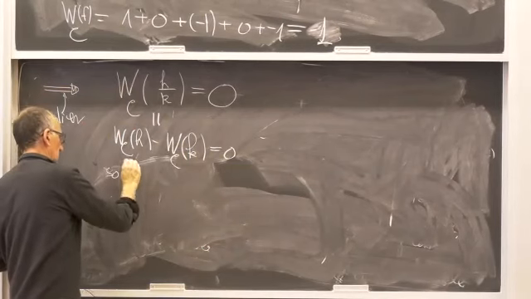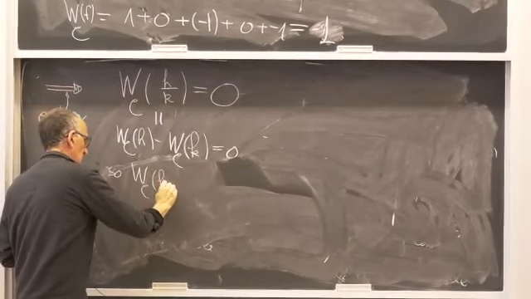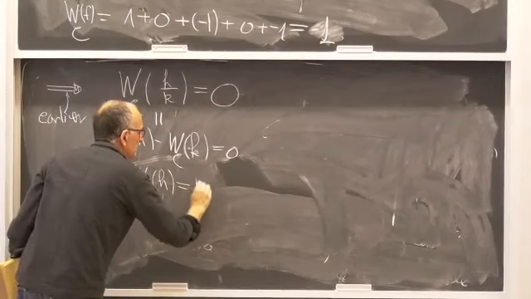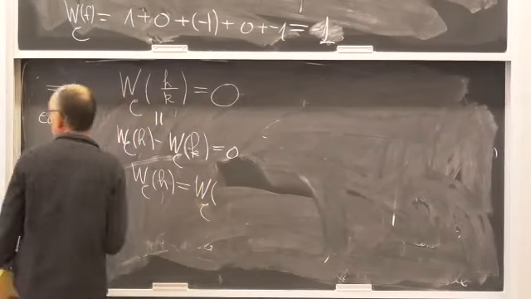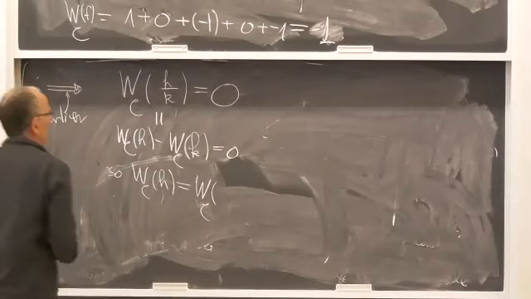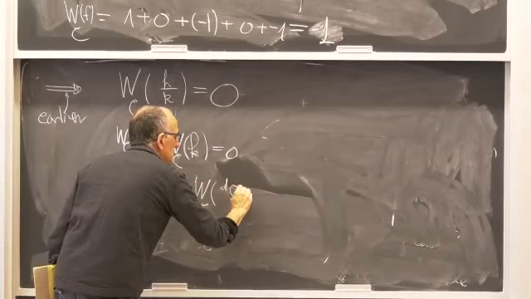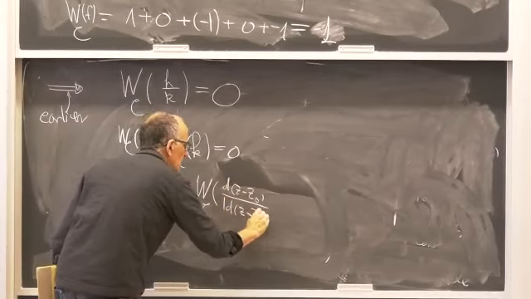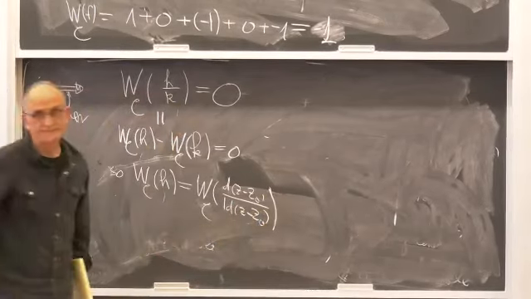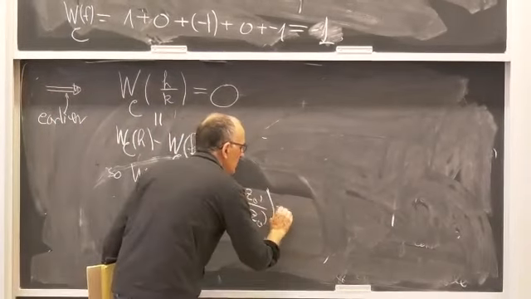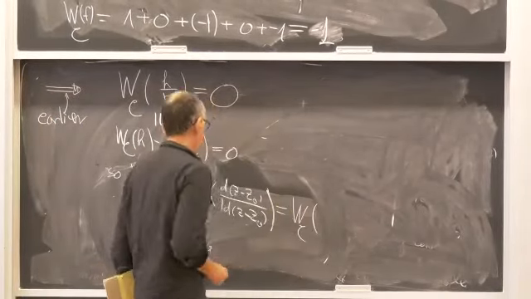So the winding number of h, which is f bar, I remind you, equals the winding number of this very simple function, d times z minus z0 over the absolute value, and this is very easily seen to be equal to the winding number of just dz.